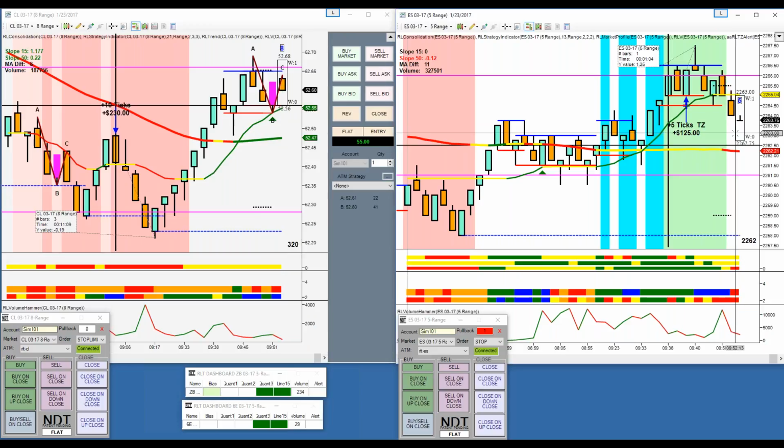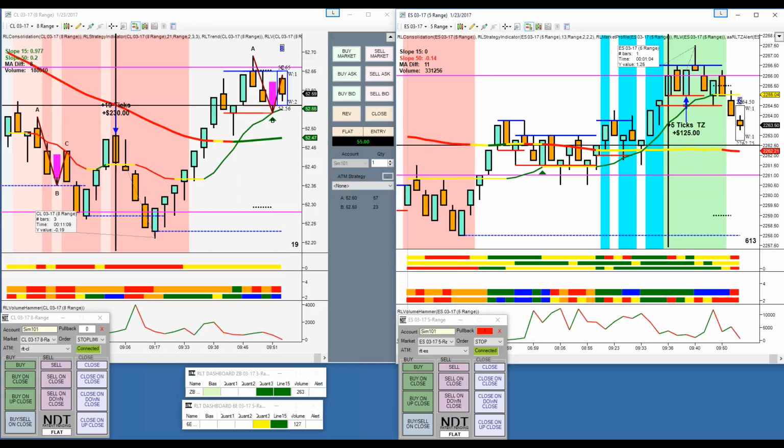We're looking for a pullback on the E-mini. Now our ATM profit and loss here reflects every trade taken, our trades in the room, and all the algorithmic systems.